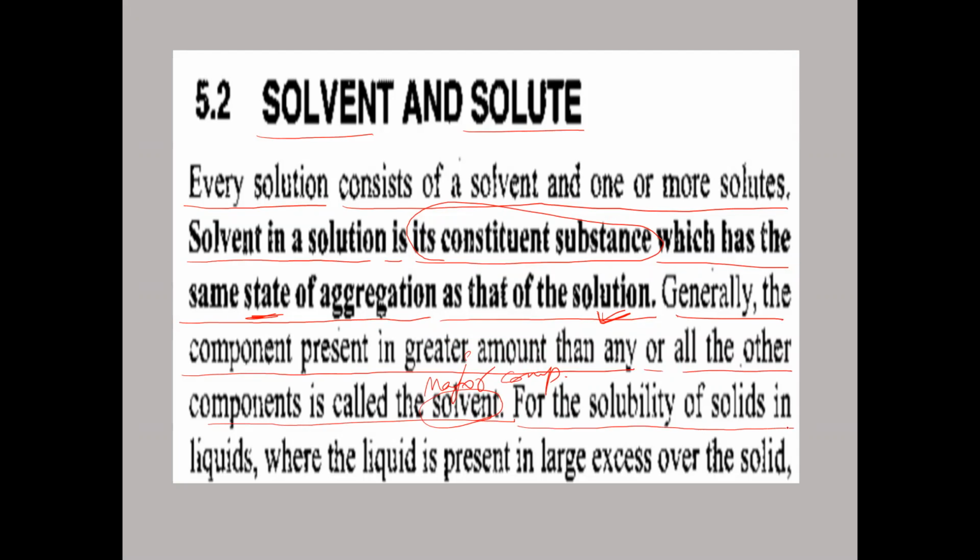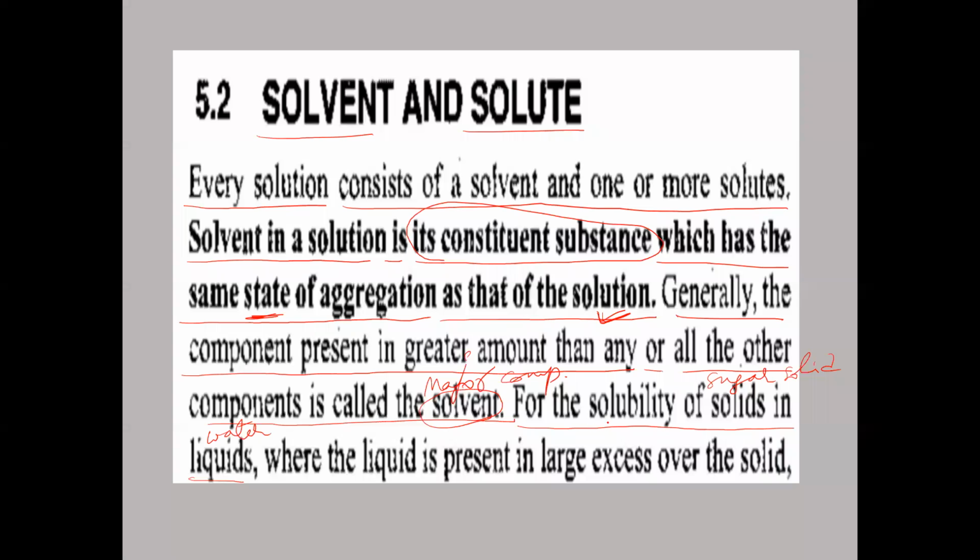For the solubility of solids in liquids. Solids means, for example, sugar. Sugar is the solid. Sugar solid in what now? Liquid water. In liquid water, the sugar solid is dissolved. So that is called solubility of solids in liquids.